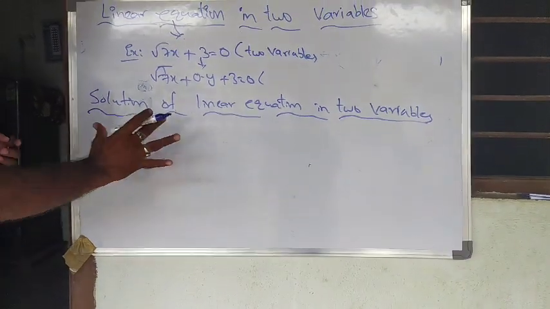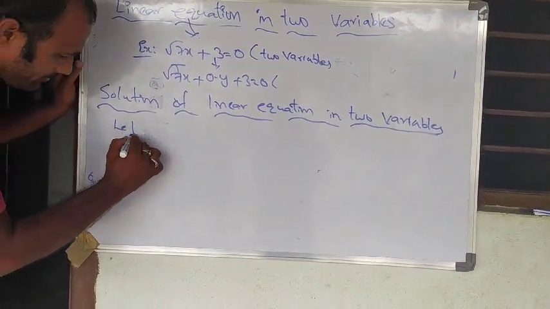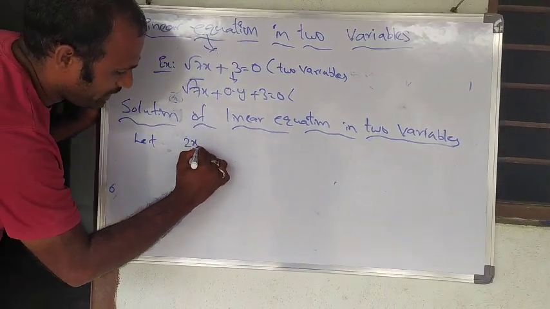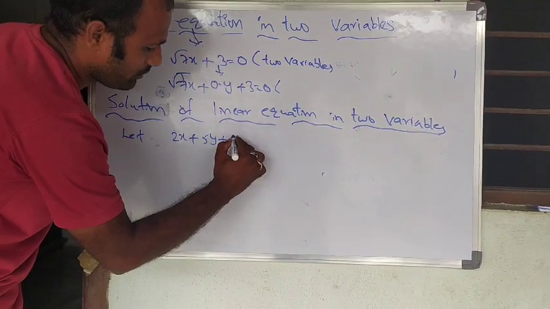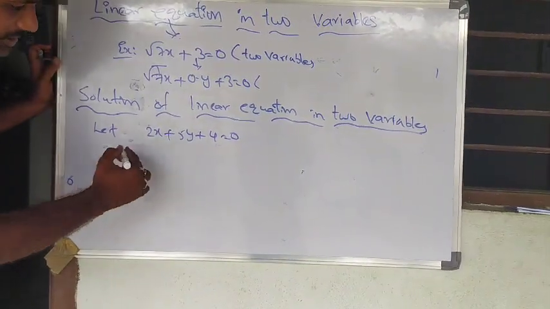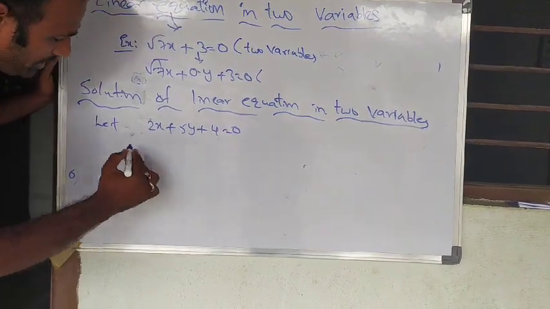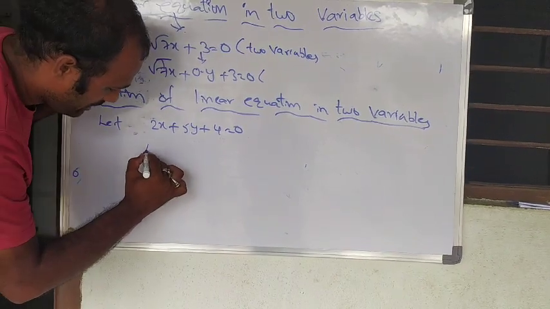Let us see how many solutions we are going to get for a linear equation in two variables. Let us take an example: 2x plus 5y plus 4 is equal to 0. This is the standard form of a linear equation in two variables.